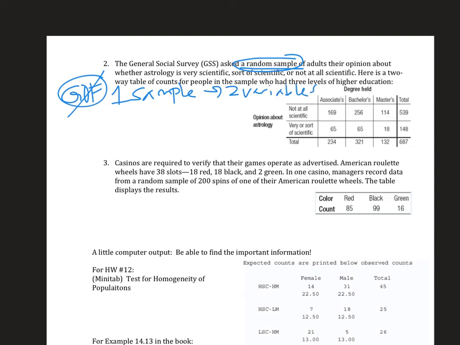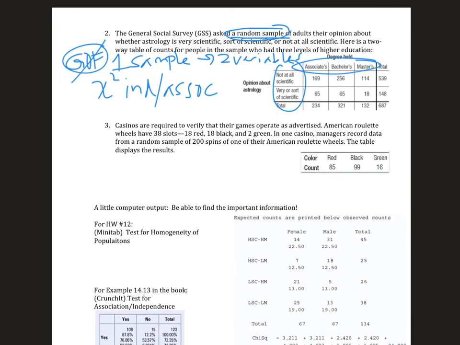And so this has to be a chi-squared test for independence or association, however you want to say it. The two variables are their degree and their opinion. And this is pretty easy to see.